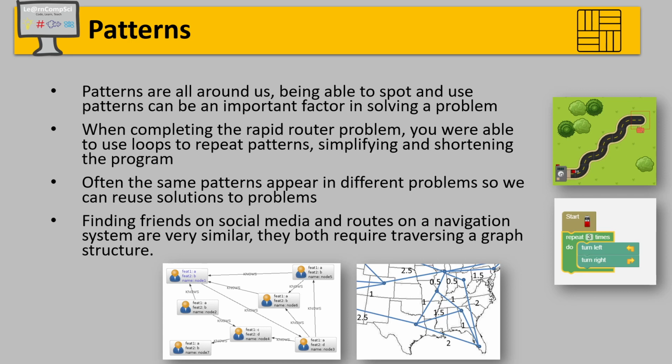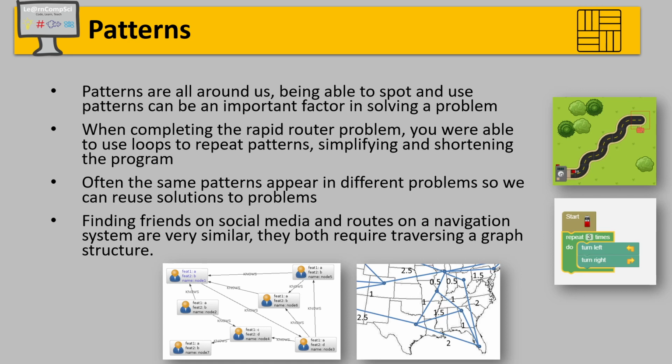A good example of this is, although they look completely different, the pictures here show us a social media graph of how people know each other, or friendships that exist between all of our friends on something like Facebook. And then if you look at the structure of the information that's used when you are perhaps doing a routing problem like navigation, these could be flight paths or something with times between different airports.